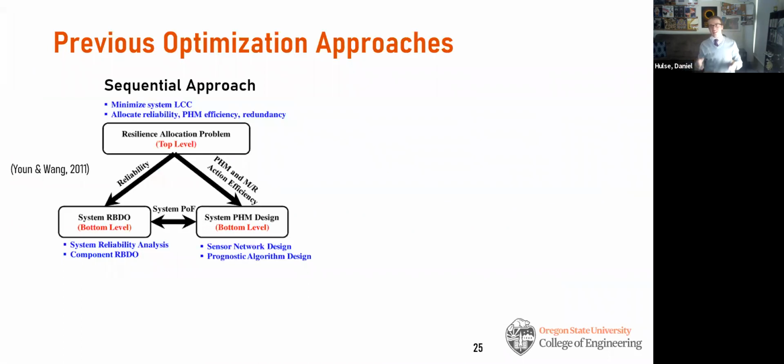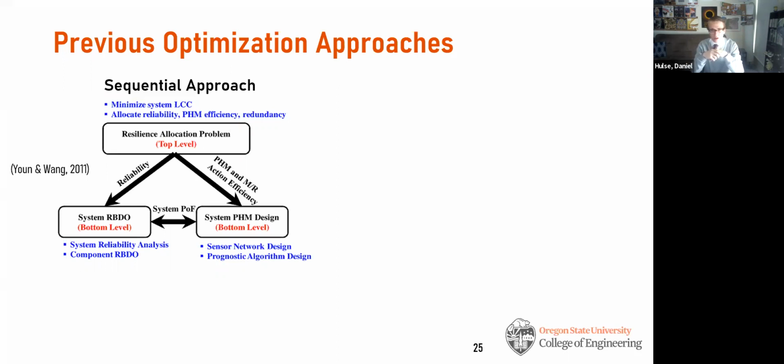So if we consider what has been done previously in optimization of resilience, one of the big approaches that has been pursued is what we call a sequential approach.